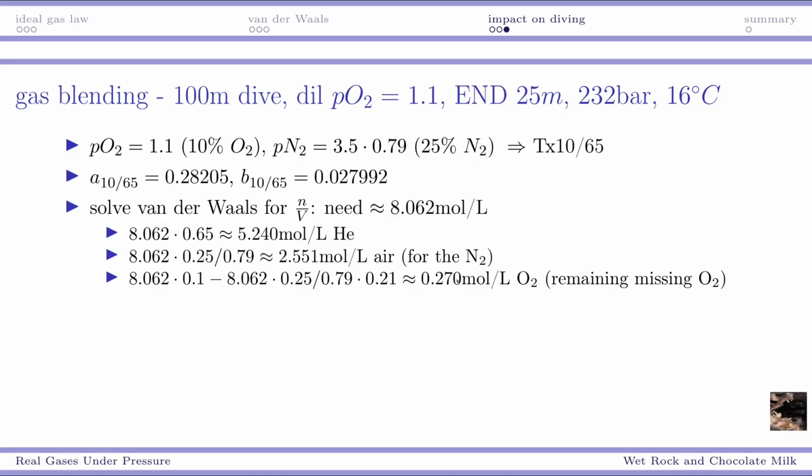And if we put this into our calculator, that is 0.270 moles per liter. And we can check that 0.270 plus 2.551 plus 5.240 is 8.062, except it isn't quite because of rounding errors. But at the end of the day, it doesn't really matter too much.